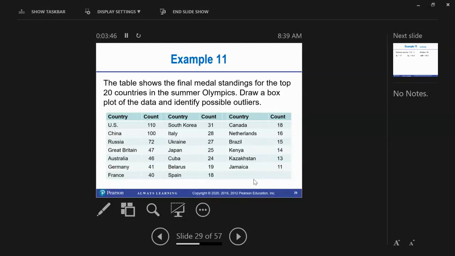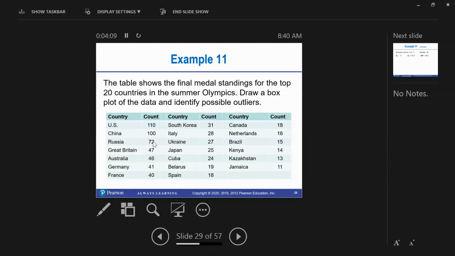To find the important values for my box plot, we're not going to worry about the minimum and maximum yet, because if we have an outlier, that's going to change that. So let's find the median. We have 20 countries, so I'm going to have an even number of data points.